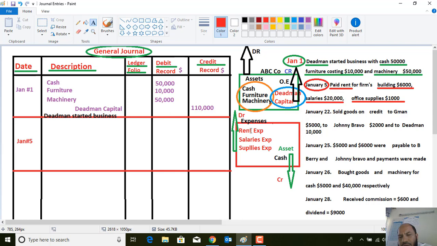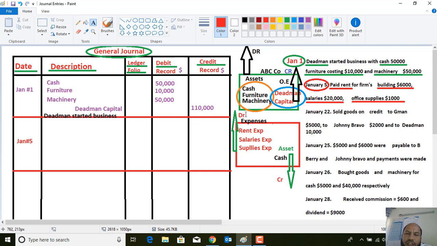Rent has been paid, salary has been paid, and supplies expenses occurred. All of these have a relationship with the expenses account, and these expenses have increased within the business.